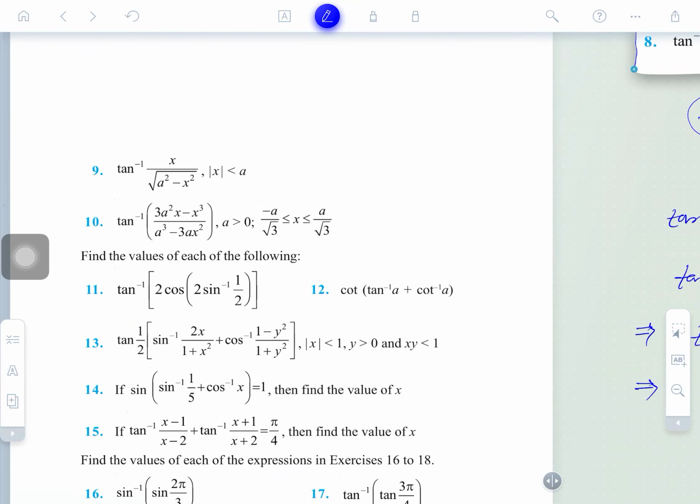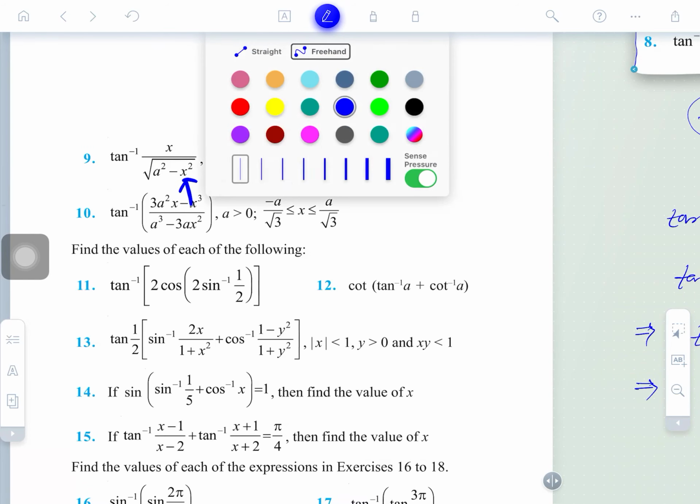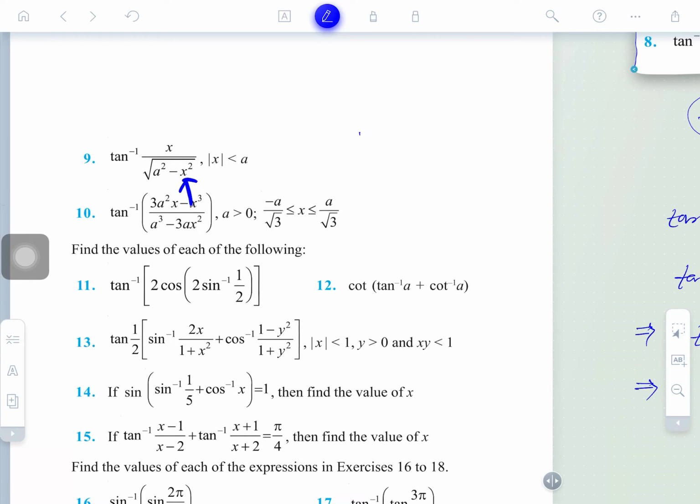Similarly, but in this case some slightly different questions are here. In place of x, what will you suppose? If 1 minus x² is written here, you will say, sir, a 1 minus sin square type pattern is coming. So in place of x we'll take sin θ. But here a is there, so don't worry, a square must come here, so a will be taken common.